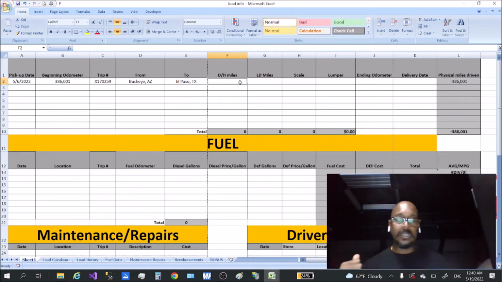Well, if you don't have any freight in your trailer, that's considered deadhead miles. Deadhead miles is miles you've driven without a load. So my deadhead miles is 22 miles, and my loaded miles is 431.